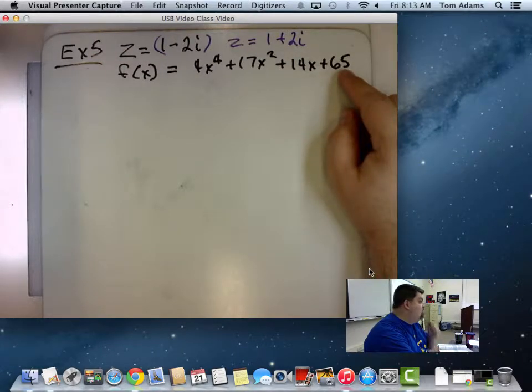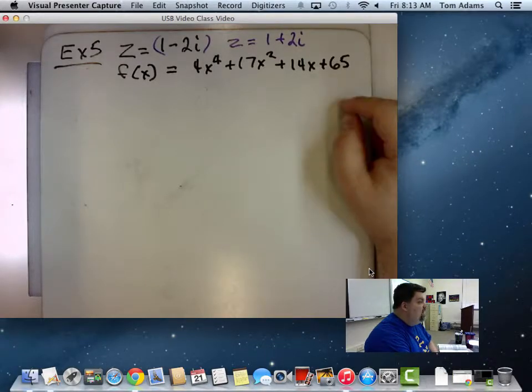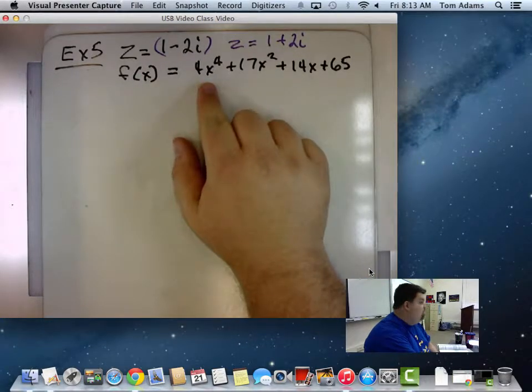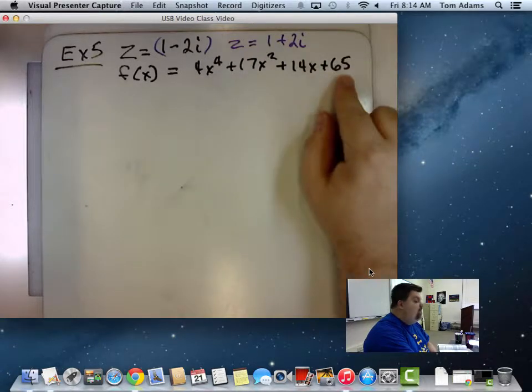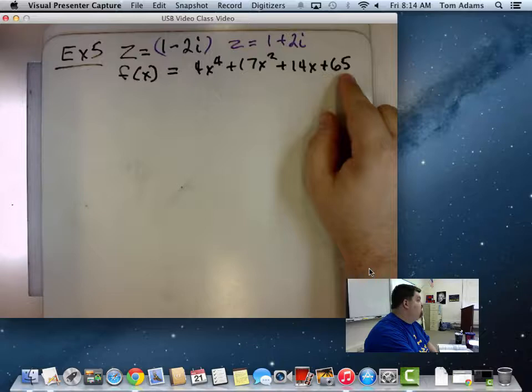So what are the odds of something with a vertical shift of 65 crossing the x-axis? Not very likely, right? So that means it probably doesn't cross the x-axis, but maybe once or twice. Well, wait a minute. It's an even function, so it comes in from the top, goes out the top. It's been shifted up 65 units. It probably doesn't cross the x-axis at all.